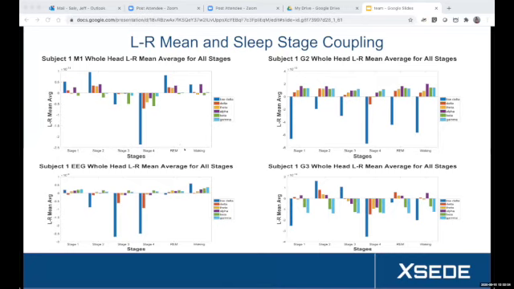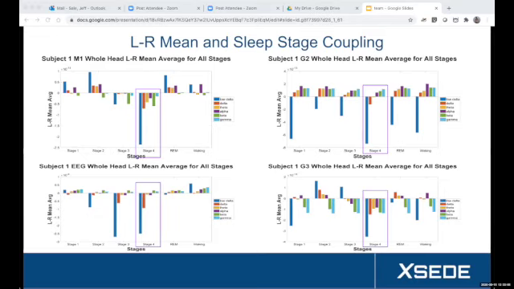To begin, the slide we're looking at right now is 4 different combination bar plots. The focus of these slides is to identify the activity in stage 4 in particular for the lower frequencies. Each plot is a combination of 6 bar charts, color-coded based on the 6 different frequencies, with low delta and delta being blue and orange respectively.